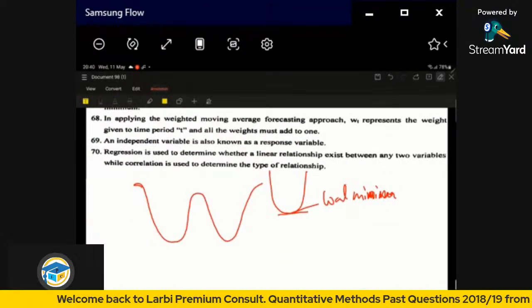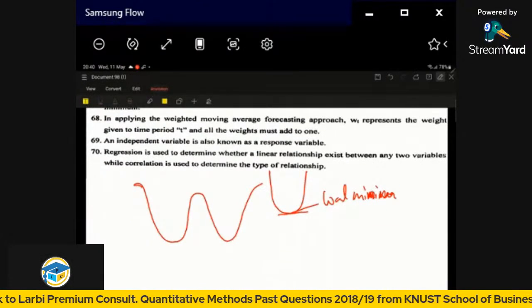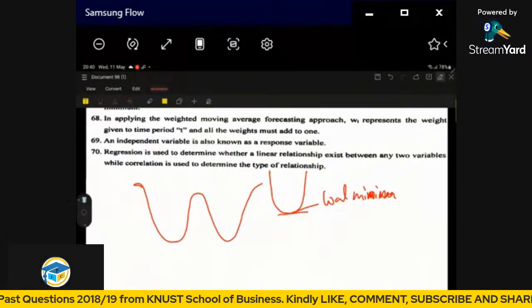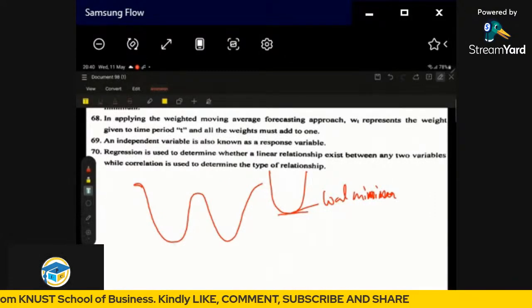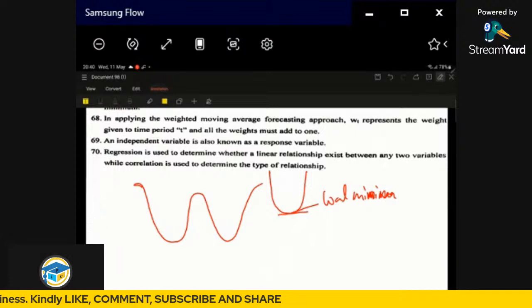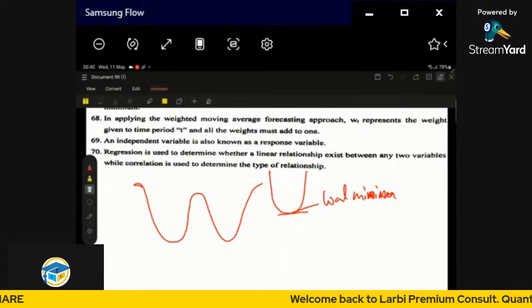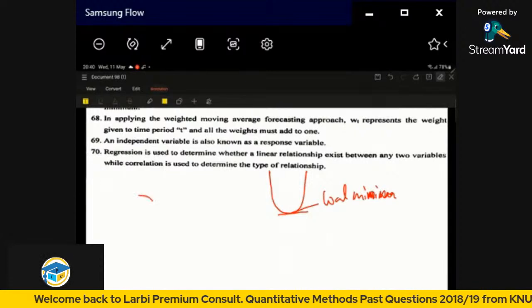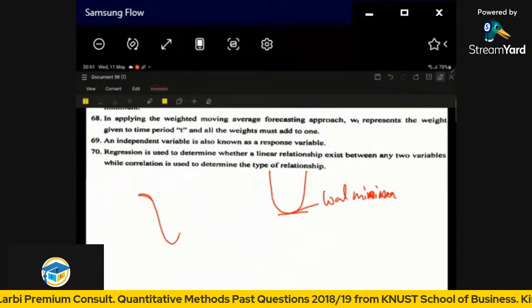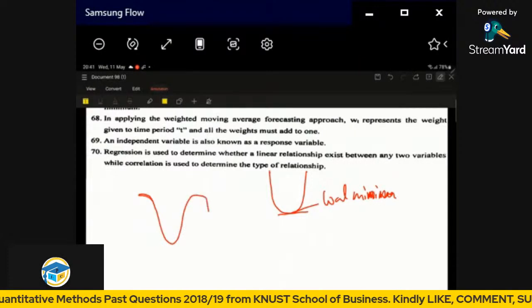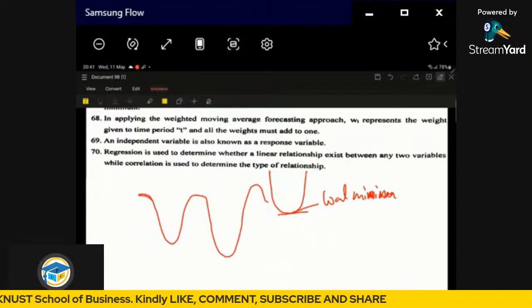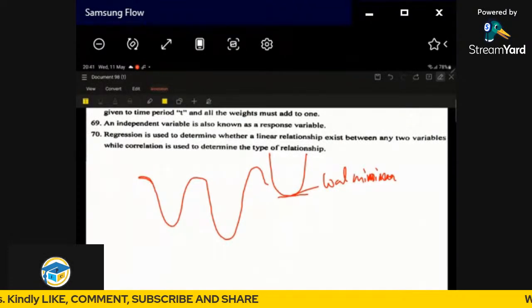Let's say I have a curve of this form, something like this. Once you see this, this is a combination of maximum and minimum curves put together.